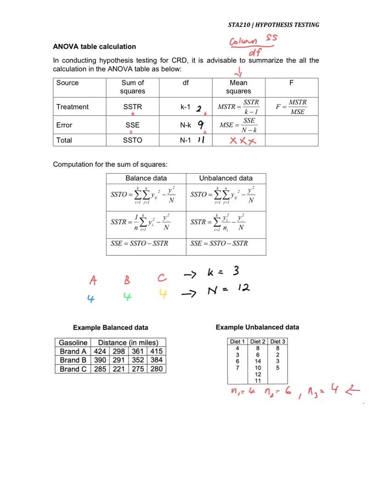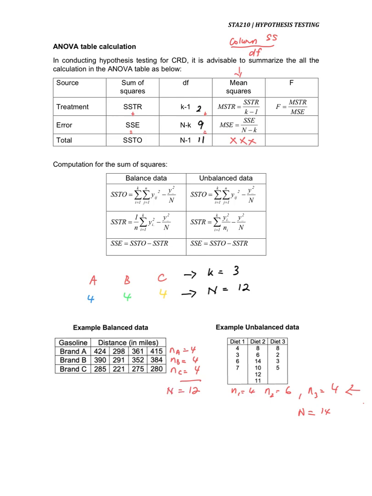So that's why we call it unbalanced, because the N are not the same: diet 1 has 4, diet 2 has 6, diet 3 has 4. Compared to balanced data, all the N are equal. For brand A we have 4, brand B we have 4, and brand C we have 4, so the total is 12. This total capital N is 14, and this capital N is 12.